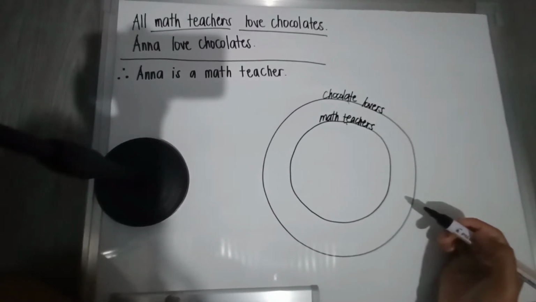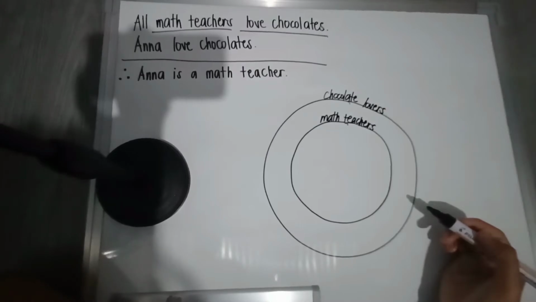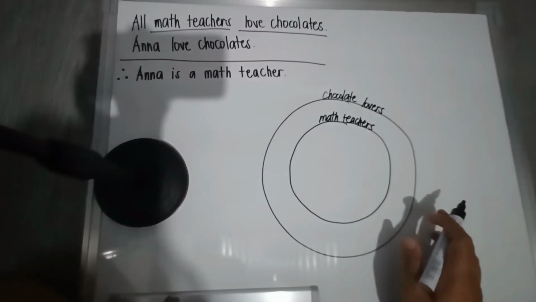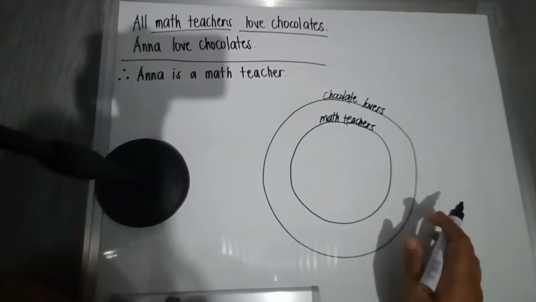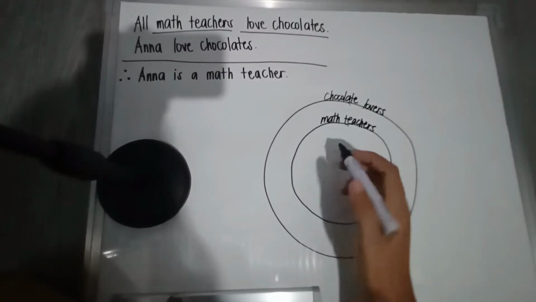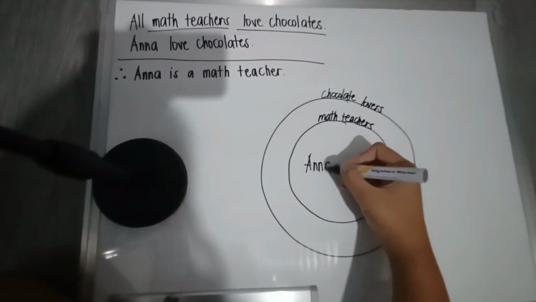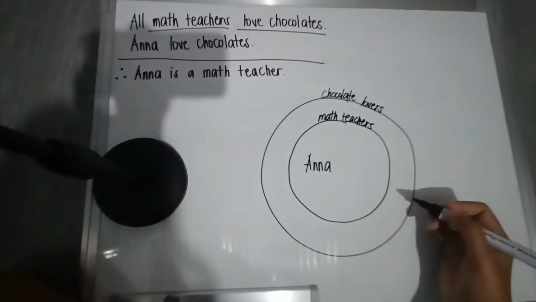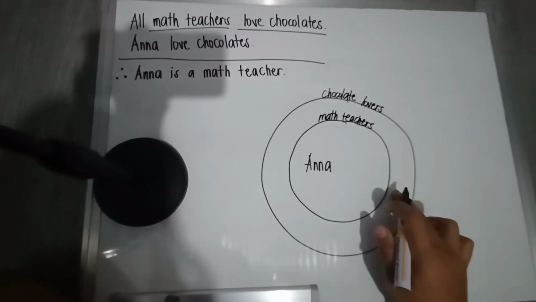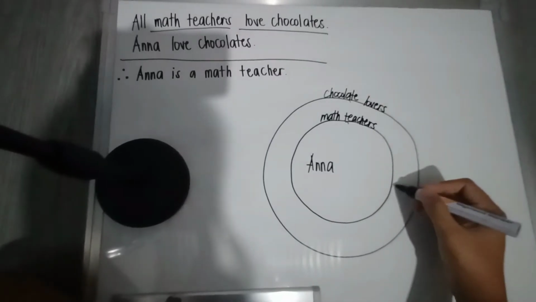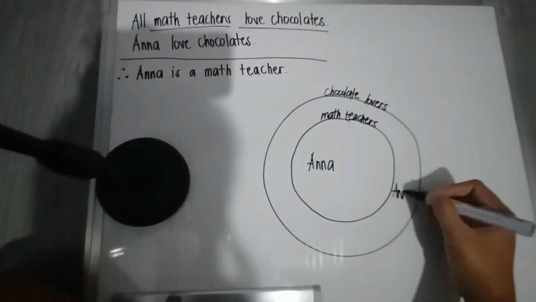Second premise, Anna loves chocolate. So now, where can we put Anna? She has to be inside the chocolate lovers' circle, so she could absolutely be inside the math teachers' circle. But she could also be out here, outside the math teachers' circle and inside the chocolate lovers' circle.